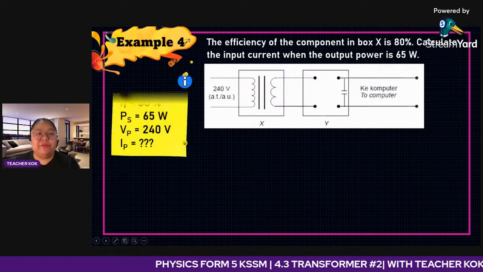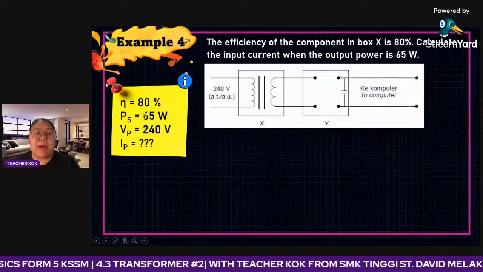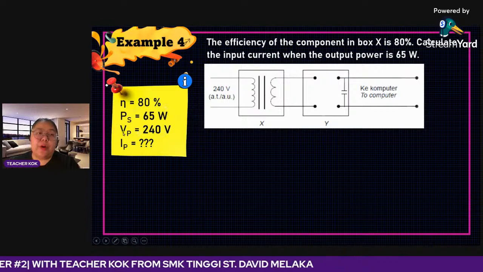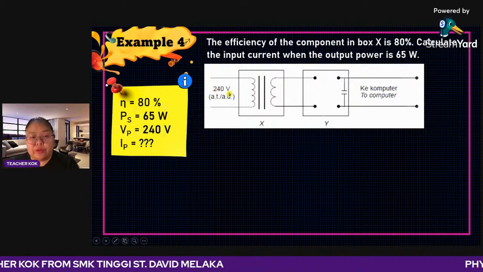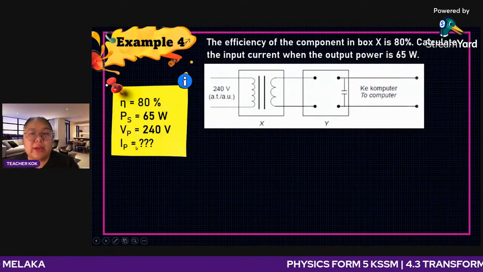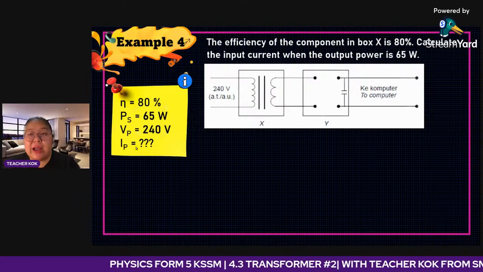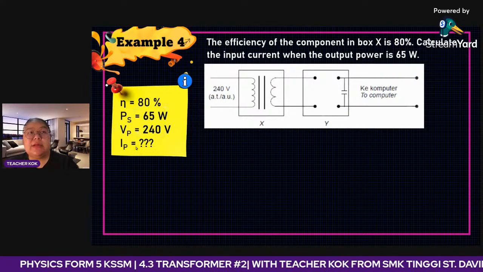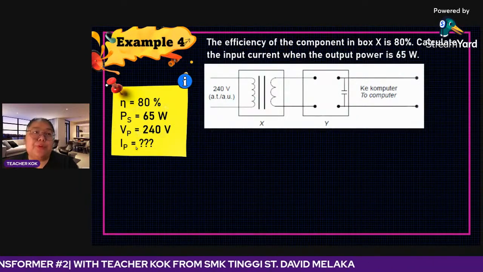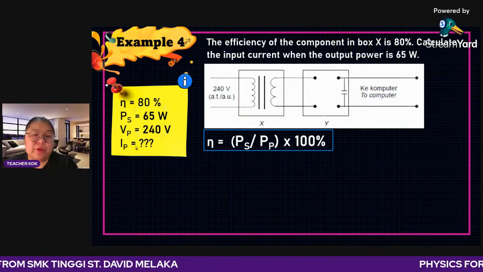From here, I just write the info first. Efficiency 80%. Power for the secondary 65 watt. Primary voltage 240 volt. Current for the primary we do not know. Please do the calculations to find the power input first, then you can find the input current.